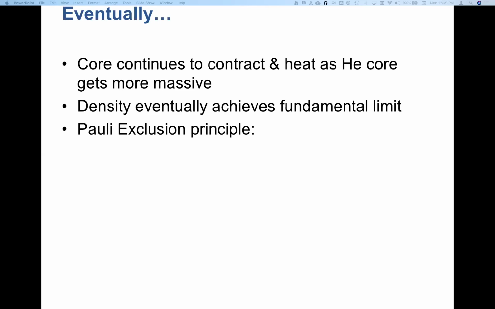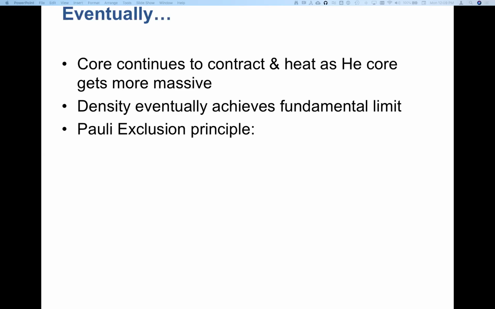The electrons, as we try to squeeze these things together, say, hey, wait a minute, I can't get these two electrons closer together than they already are, because if they did, they would be occupying the same quantum state and the same quantum energy. Now, two electrons can be in the same place at the same time if they have different energies. And so what happens as you try to squeeze more and more of these electrons into a smaller and smaller space is that some of those electrons are forced into higher energy levels. They have to be moving faster physically. And so that becomes difficult to do.